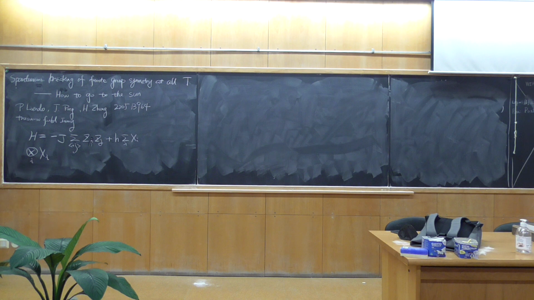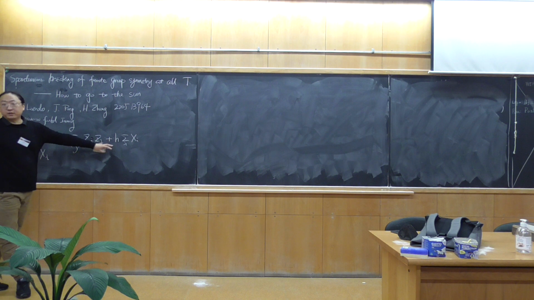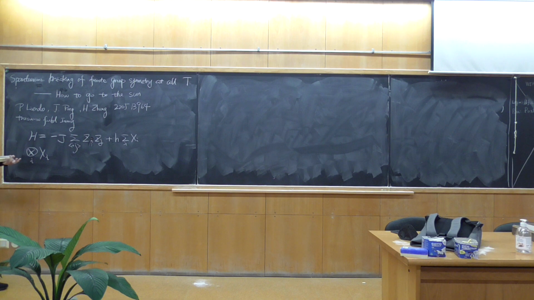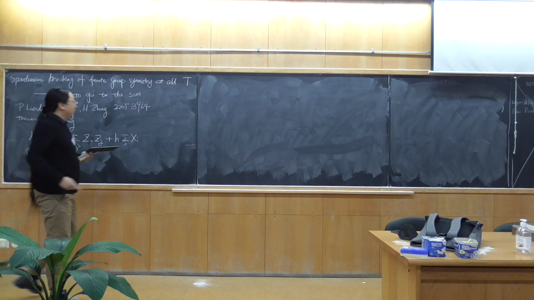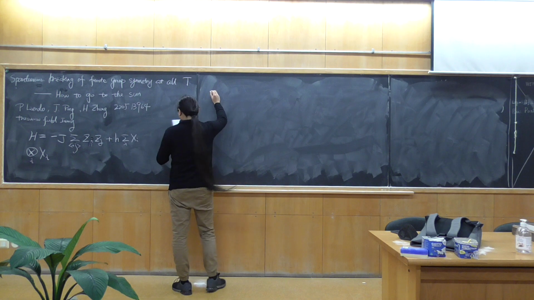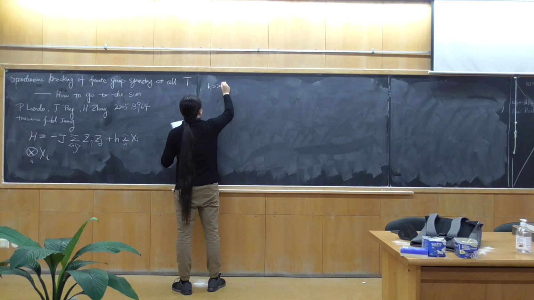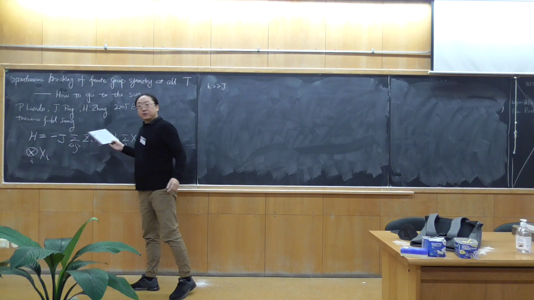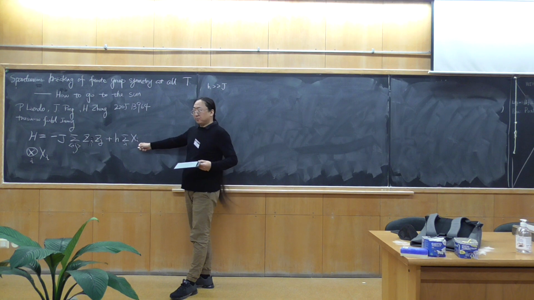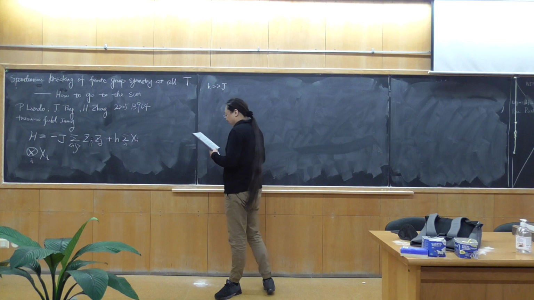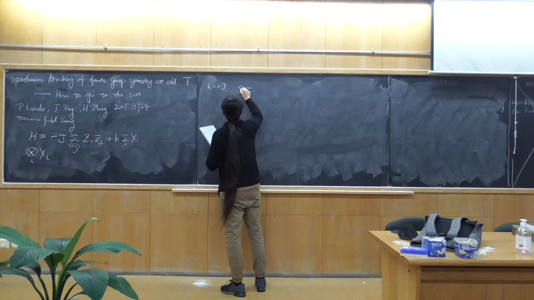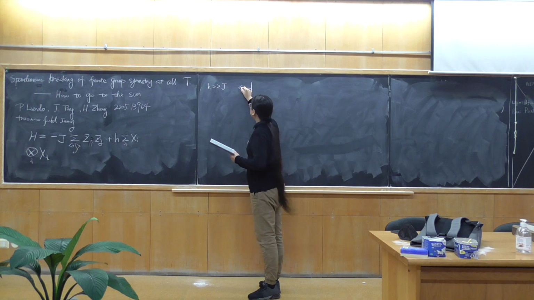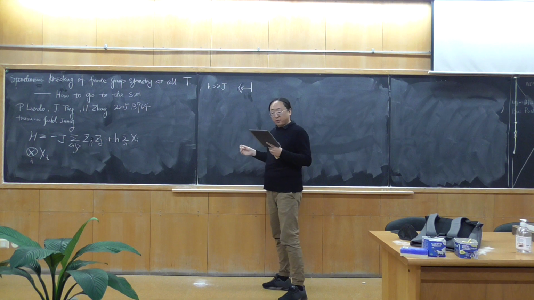So as you tune this coupling constant h, it will have some phase transition structure. The easiest way to see it is when h is much bigger than g. We can essentially neglect the first term, and the X Pauli matrix is playing the role. So we are basically in this state, where each spin is inclined to point towards the x direction.